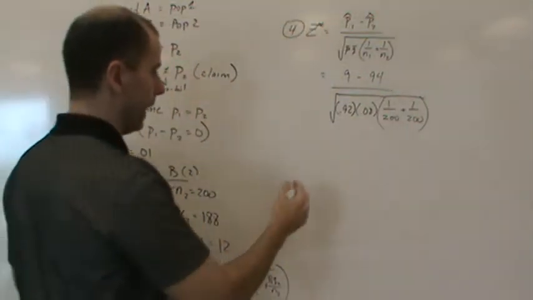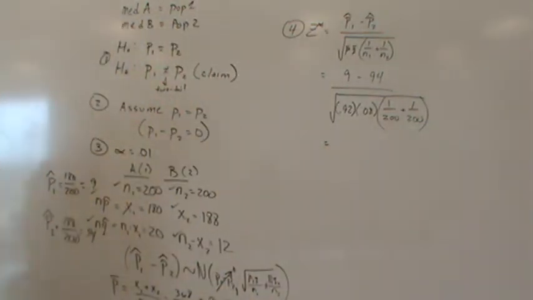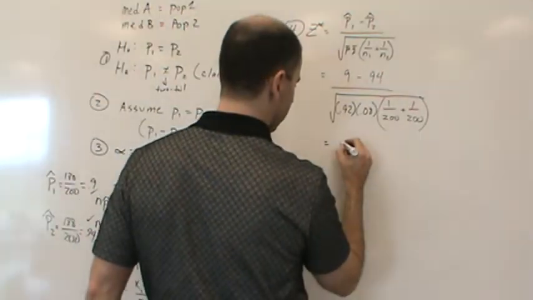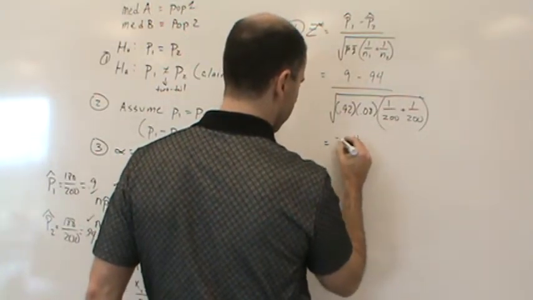So now, what do I get? Well, let's calculate this. It's going to be 0.9 minus 0.94, and I get negative 0.04 for the top.